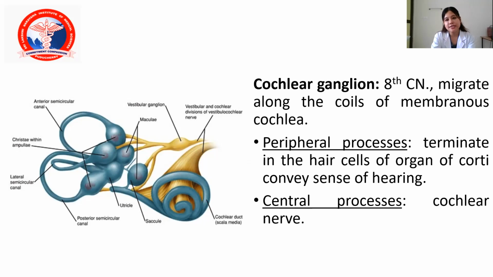So the cochlear ganglion is formed by the cells which migrate along with the coils of the membranous cochlea. It consists of bipolar cell neurons. Peripheral processes innervate the hair cells of the organ of Corti, which convey the sense of hearing as part of the auditory pathway, and the central processes form the cochlear nerve.